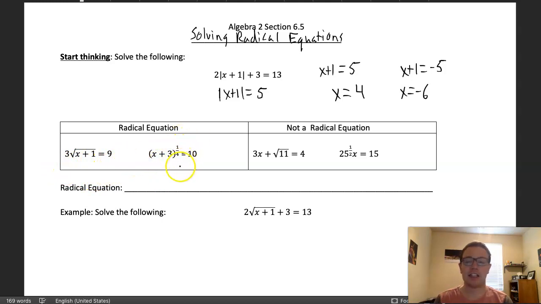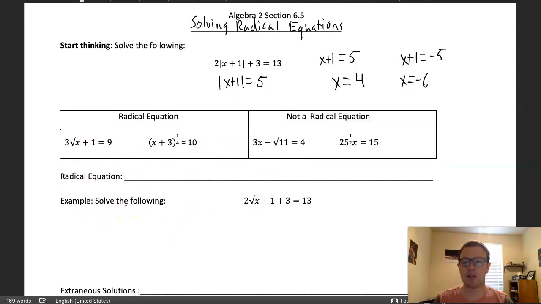Or if we're doing this as a fractional exponent, we have x plus 3 to the 1/4. However, in these ones that aren't radical equations, we see that we have square roots and we have fractional powers. They're just not dealing with our variables. So our variables being part of the radical is what makes this a radical equation.